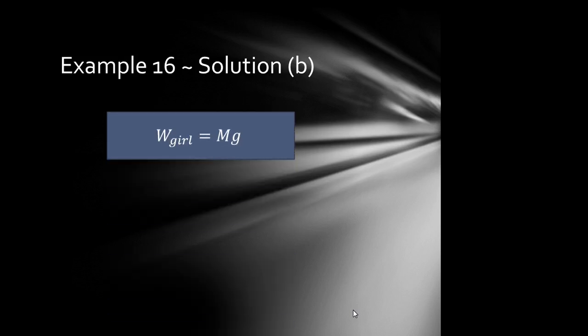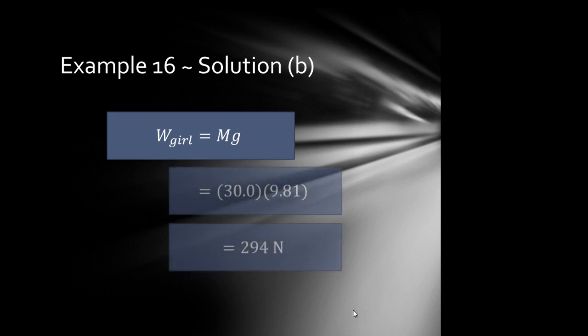So in this question, we're supposed to calculate the apparent weight of the girl. So we first need to find the weight of the girl. That's quite easy. Mass times gravitational acceleration will give us 294 newtons. So that's the easy part.